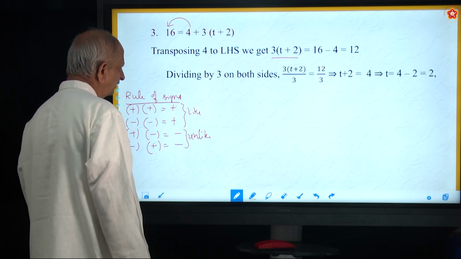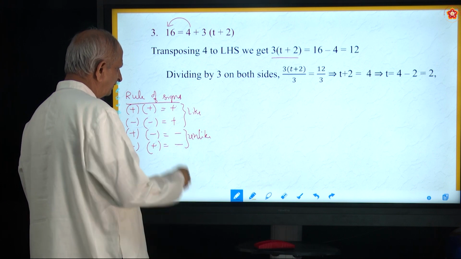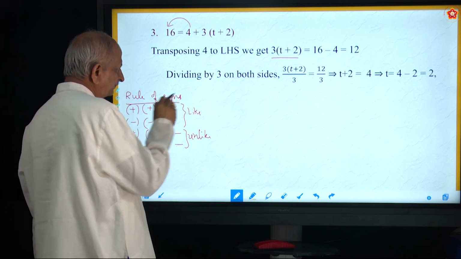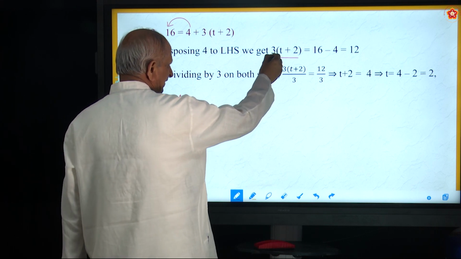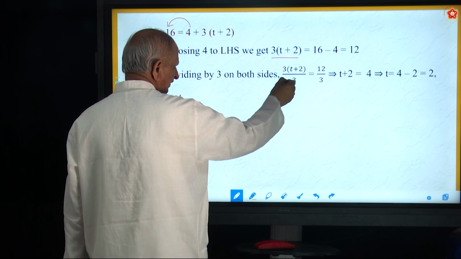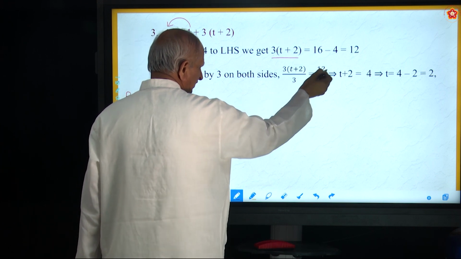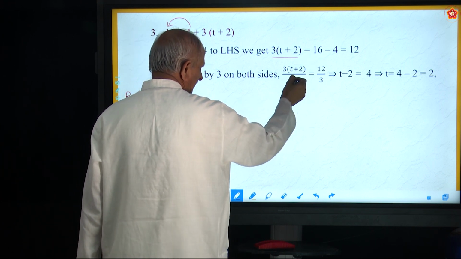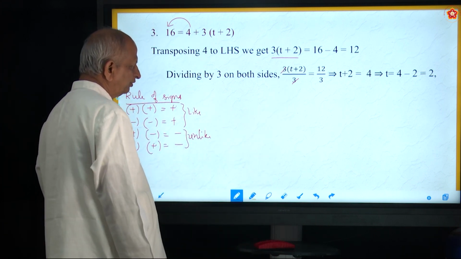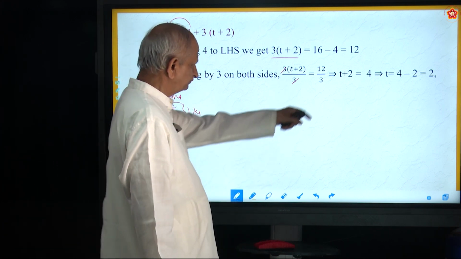Correct? Now, divide by 3 on both sides. Why must you divide? 3 is multiplied here. So, 3 into t plus 2 by 3 is equal to 12 by 3. So, 3 cancels. You have t plus 2 is equal to 4.